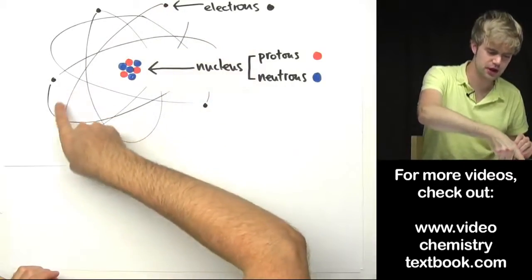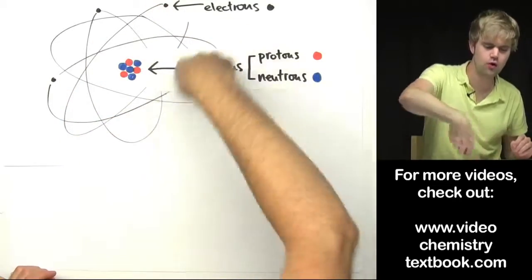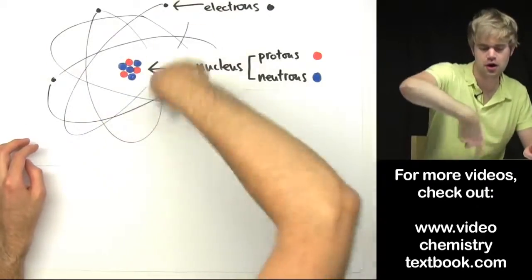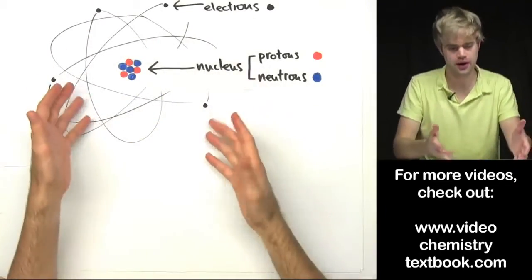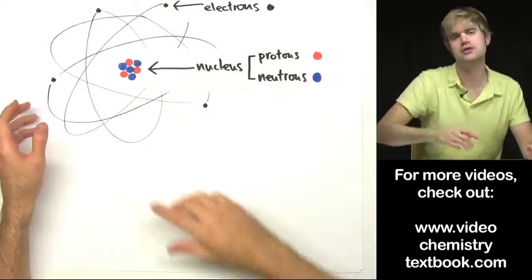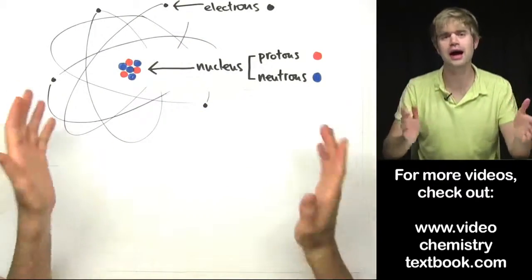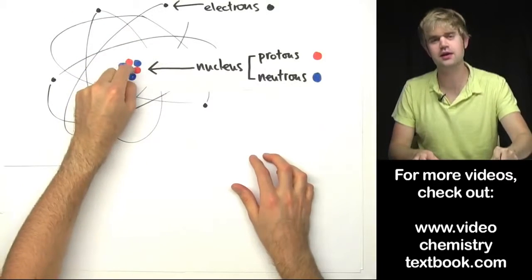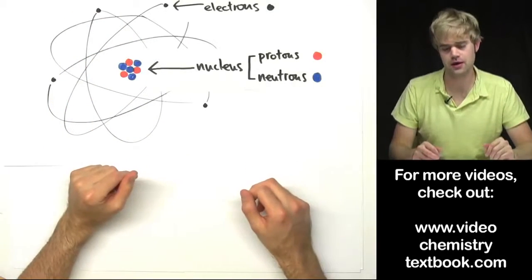The electrons, you'll see, are connected to these sort of oval paths, and I've drawn these in to show that the electrons are constantly moving. They're flying around the outside of the atom at an incredibly high speed, whereas the nucleus stays solid here right in the middle of the atom.